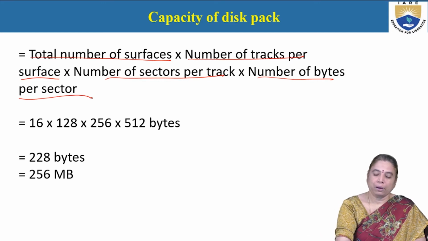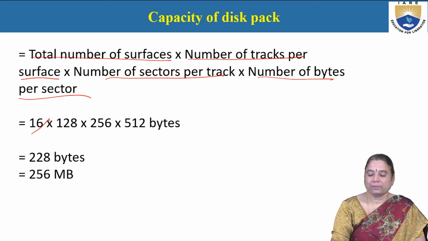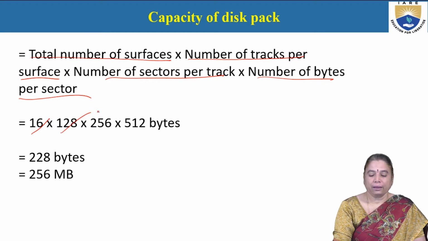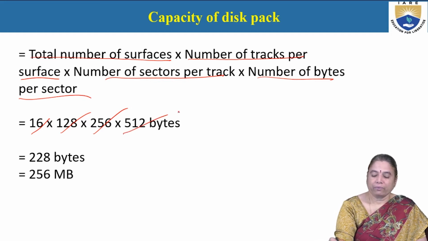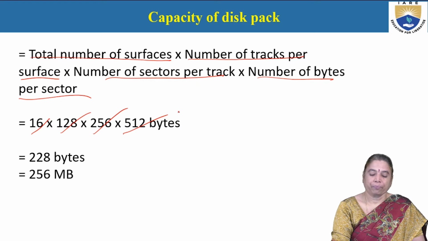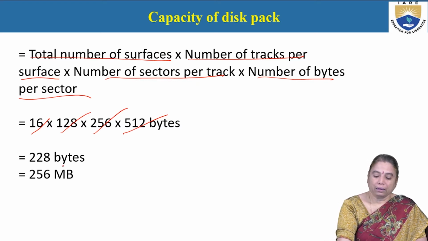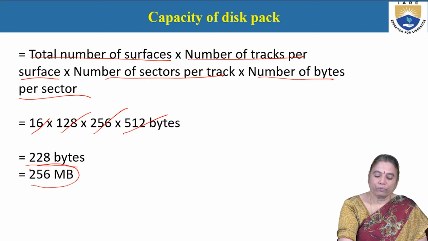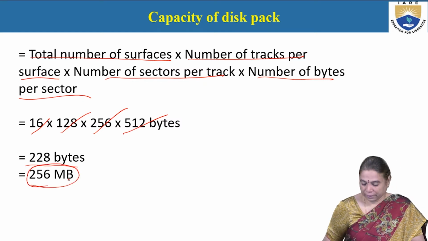In the problem, 16 disk surfaces are available. Number of tracks 128 multiplied by 256 sectors, and in each sector 512 bytes. Multiplying all, we get 2 power 28 bytes. So, it is 256 megabytes.